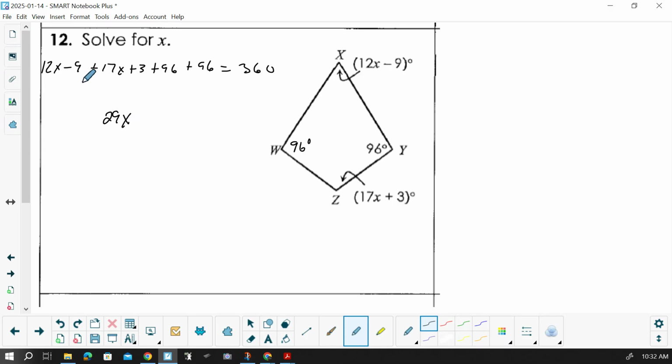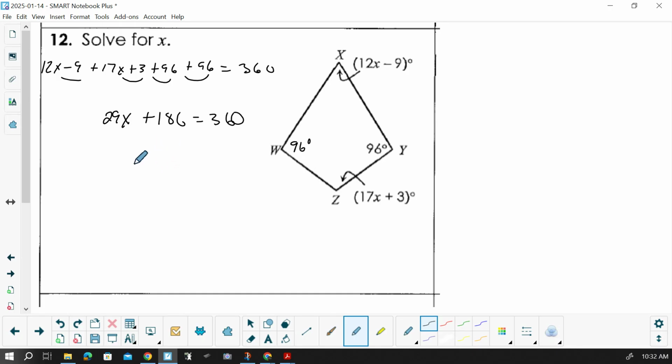And let's see here. I'm going to use my calculator for this other part. 96 and 96 and that 3 and then that negative 9 is 186. So I combined these terms that are alike, and I got 186. Positive 186 equals 360. So it got much smaller pretty quick.